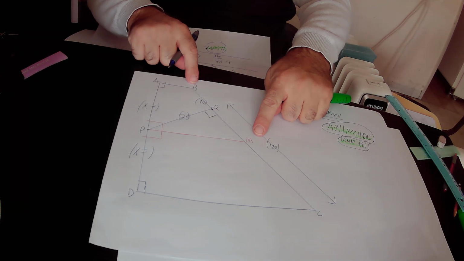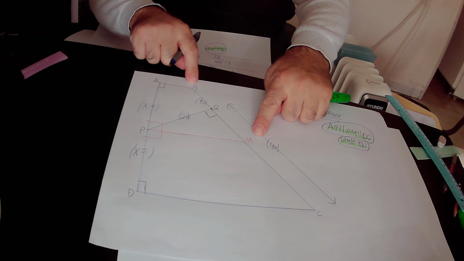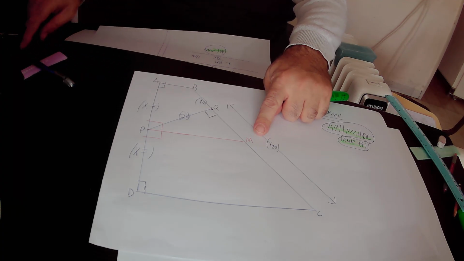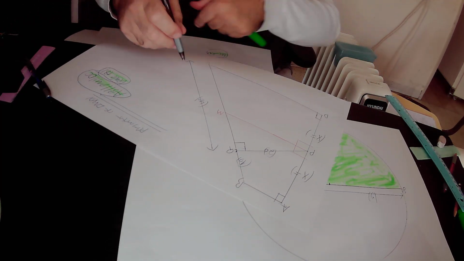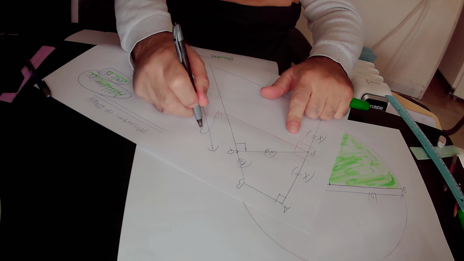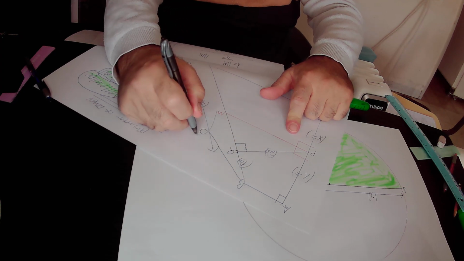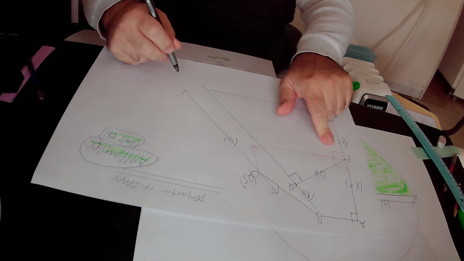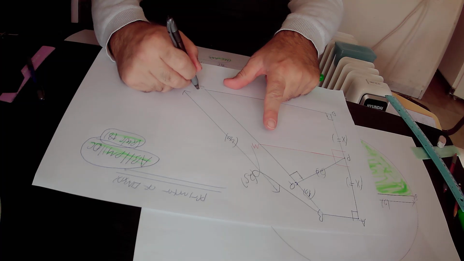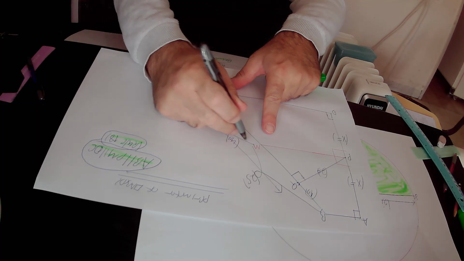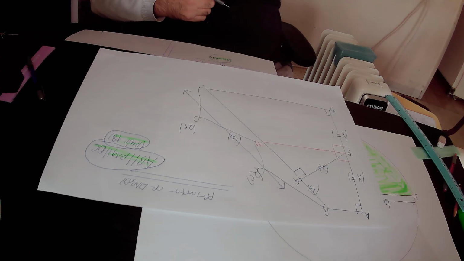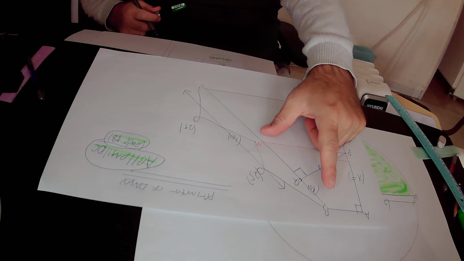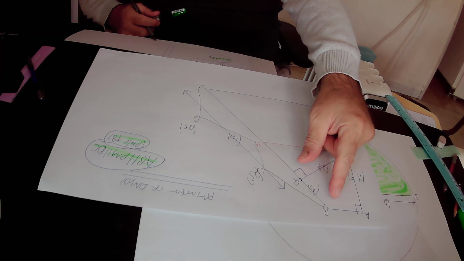This is BM, which equals 25 units in length. This is MC, which is also 25 units in length. So we just found out that BM equals 25, BQ equals 10.